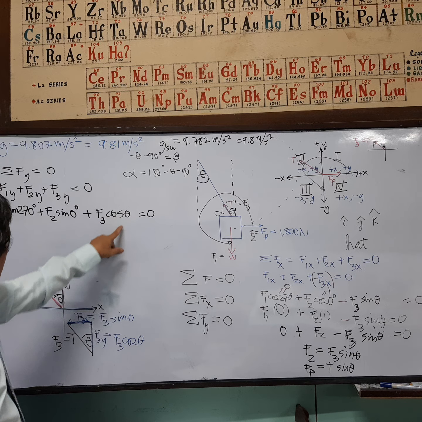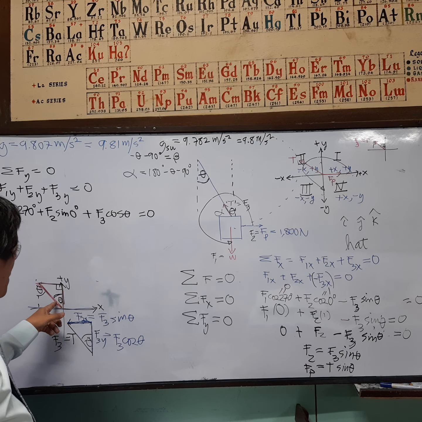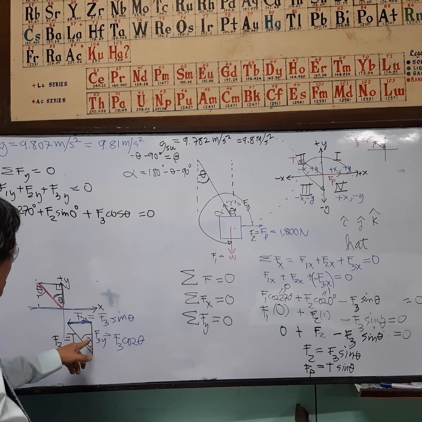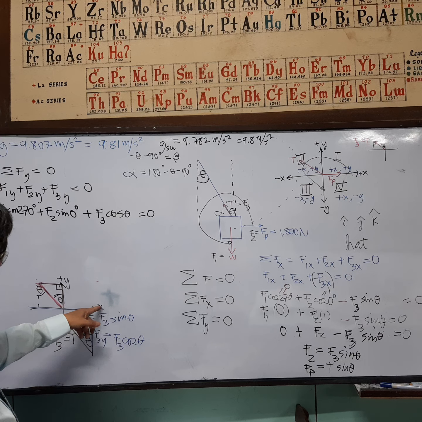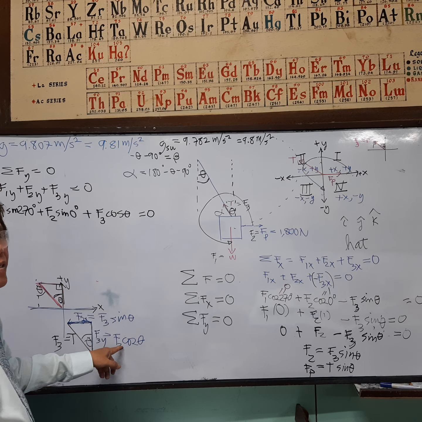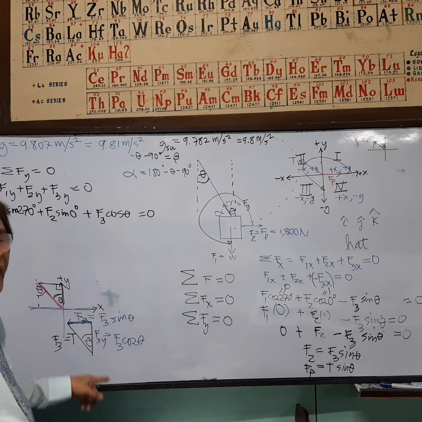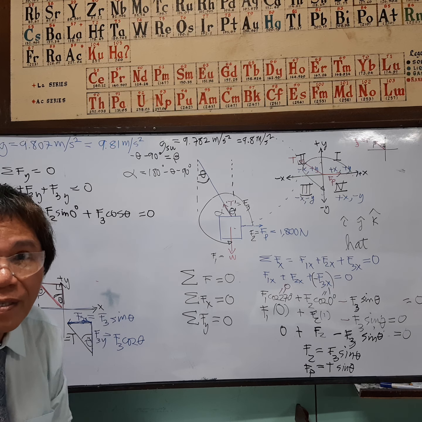Here, angle theta is taken from the y-axis, so F3y is F3 cosine theta.